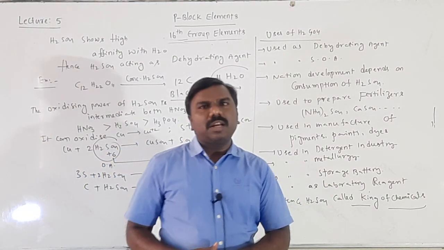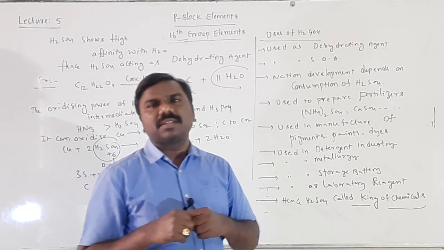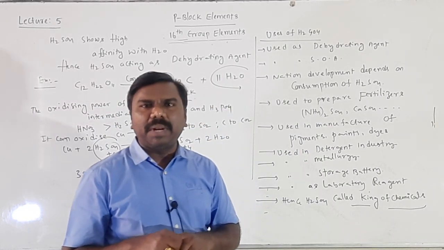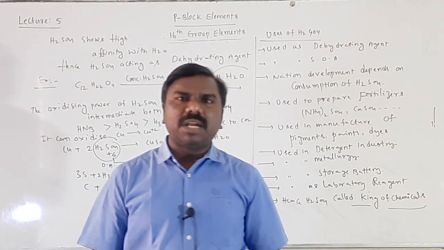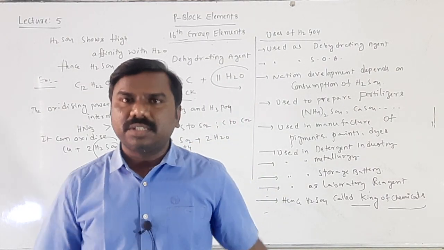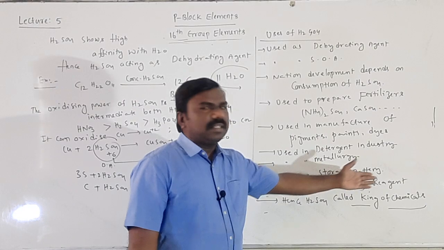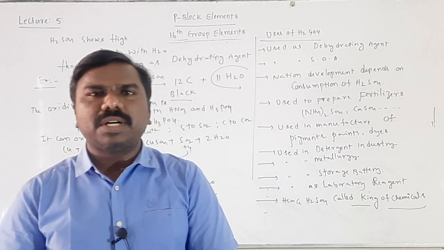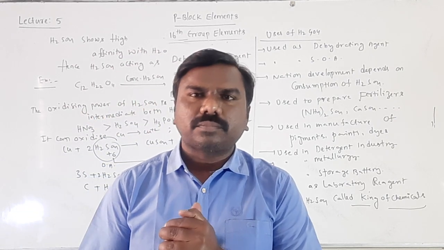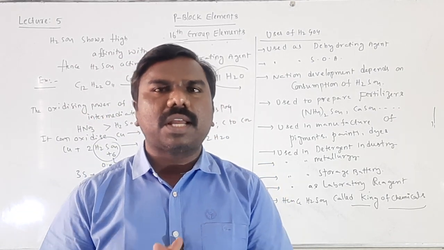It is used in metallurgical processes to extract many metals, in galvanizing and electroplating. Next, lead storage batteries, automobile batteries, have sulfuric acid inside. It is also used as a laboratory reagent. Okay students, these are all the uses of sulfuric acid.